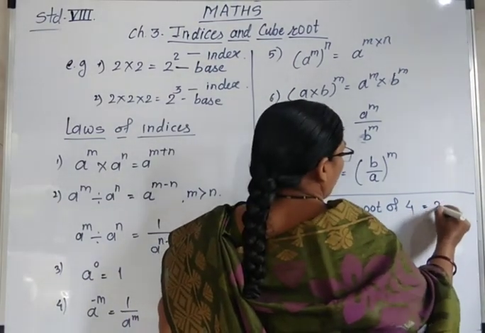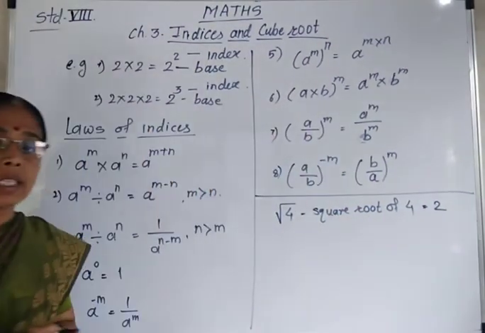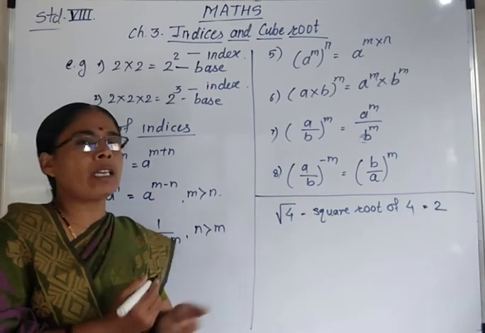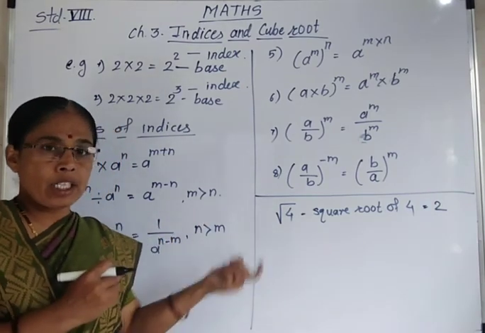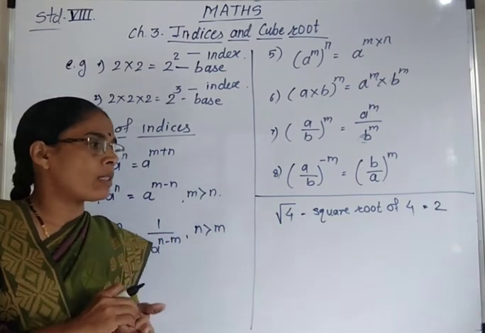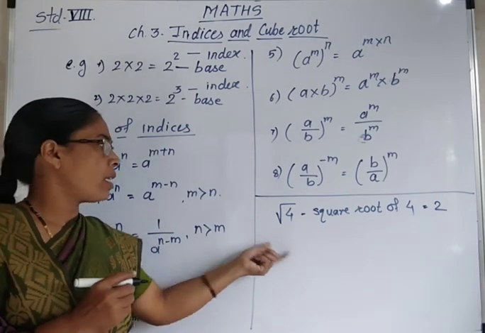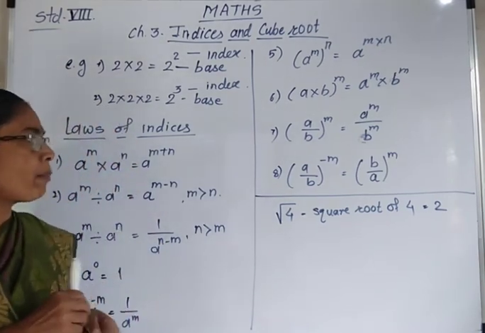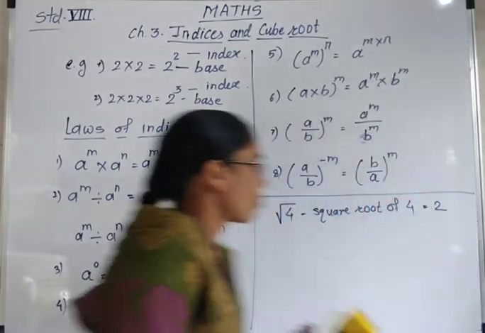We know this. But instead of using the symbol, how can we write these using numerals in the index? Using numbers, how can we write this? Now we will learn this here.